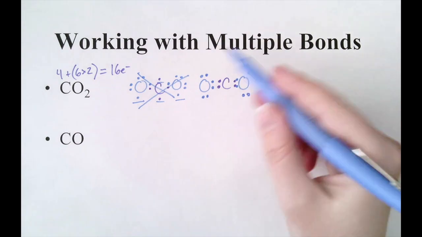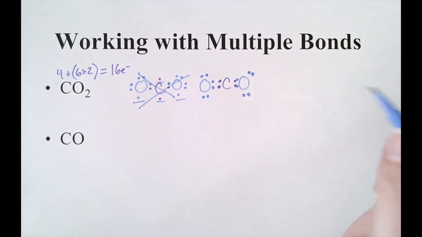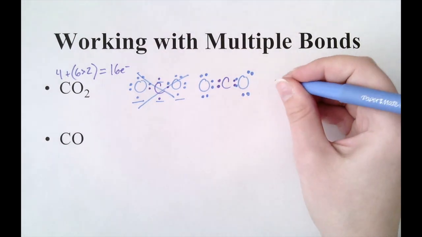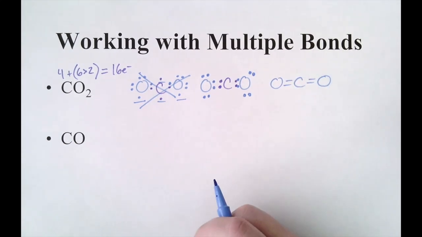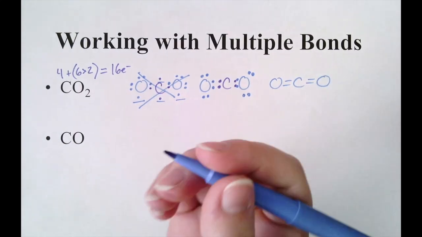And so this is what your accurate Lewis dot structure should look like. The structural formula for carbon dioxide would look like so. Now let's look at carbon monoxide.